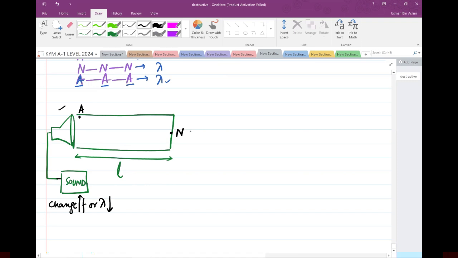Now, if I want to decrease the wavelength or increase the frequency, I would have to incorporate more nodes and antinodes over here. So initially there was 1/4 of a wavelength. Now, if I draw a node at this point, there would have to be an antinode present between two nodes. That's compulsory.